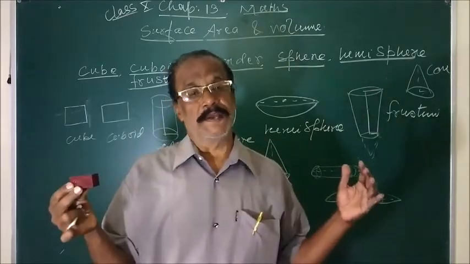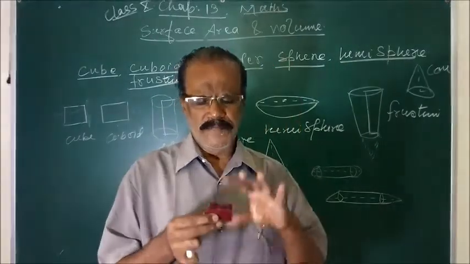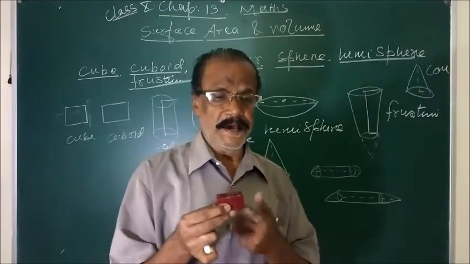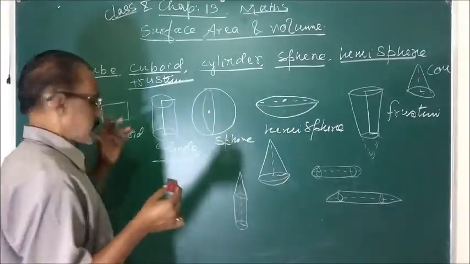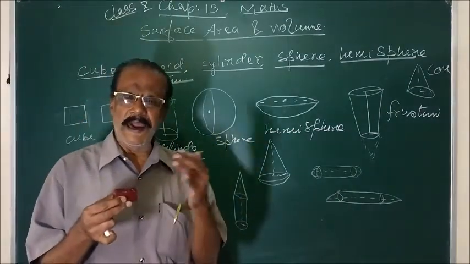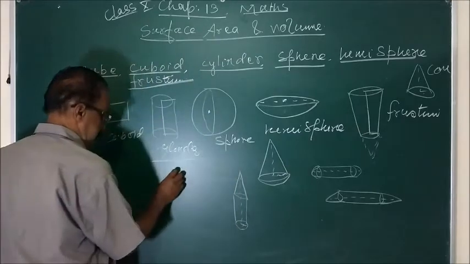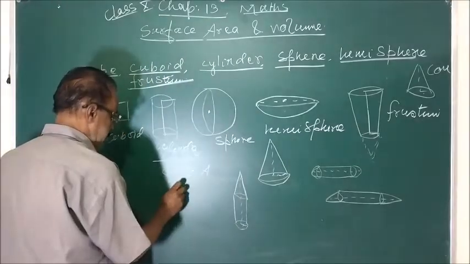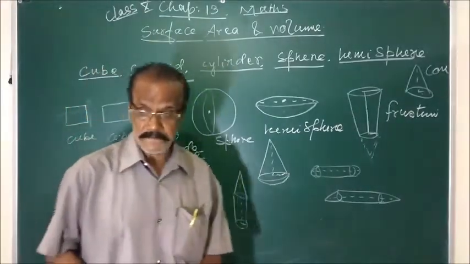Length will change. So this, my dear, is a cuboid. And this is called surface area. There are 6 surfaces, and 2 kinds of surface area: curved surface and total surface. So CSA is called curved surface area, and TSA is called total surface area.